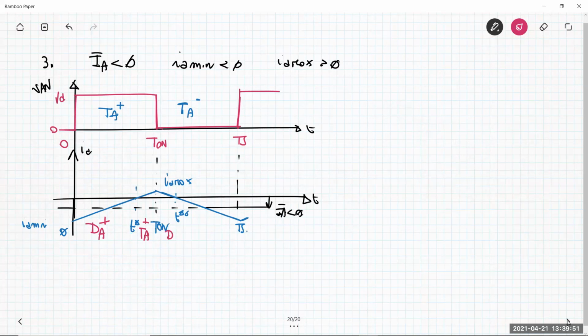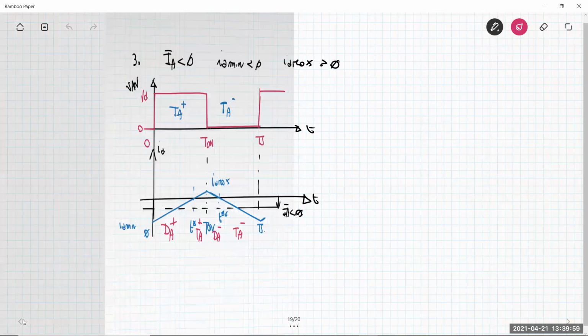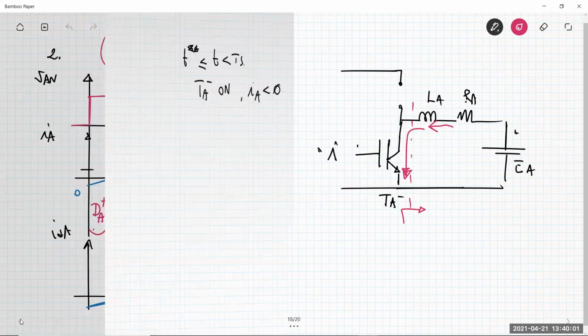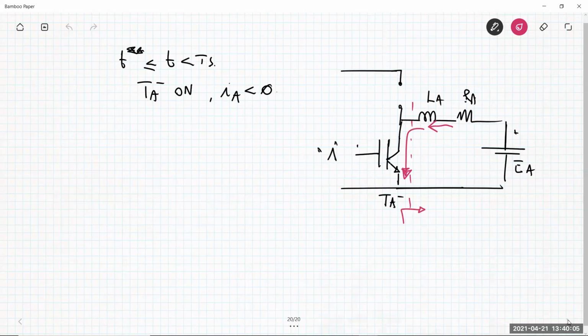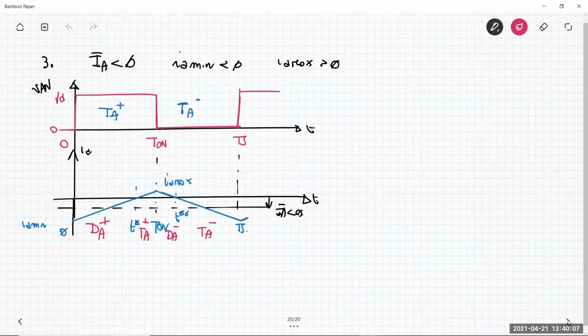Then I have dA minus, and then we have TA minus. Okay, so the same behavior because it's the same situation. Now, as you can see here, a large part of the interval is TA plus and TA minus.